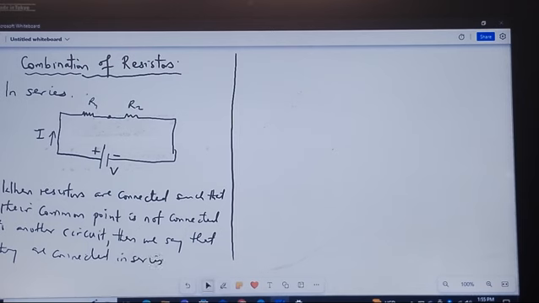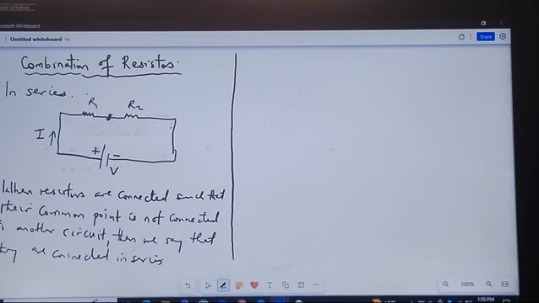If you check this particular example, this is their common point, the point between the two resistors. You can see it is not connected to another section. It is just single between them, no connection to another section. So when you have resistors connected like this, you say that they are in series.